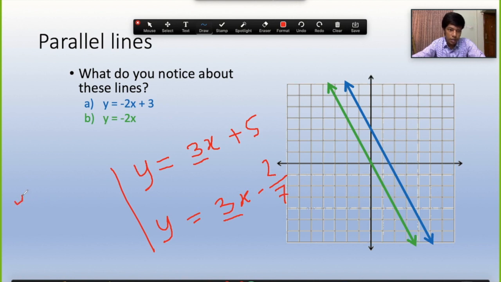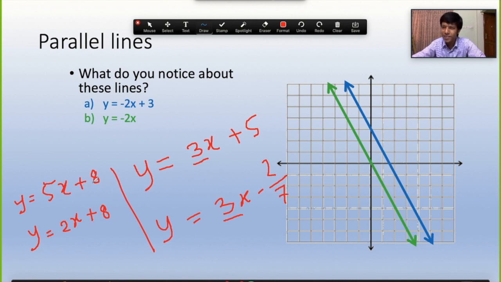Another example. Suppose I write here y equals 5x plus 8. Then if I write y equals, let's say, 2x plus 8. Are they parallel? See, this is the same, right? So what do you think?